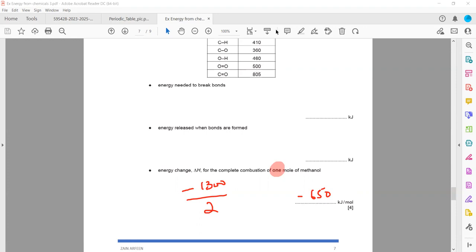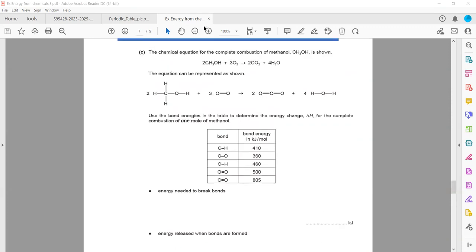The reason for dividing the value by 2 is that the equation has 2 moles of methanol, so the energy change was calculated for 2 moles, but the question asks for 1, that's why we divided by 2.